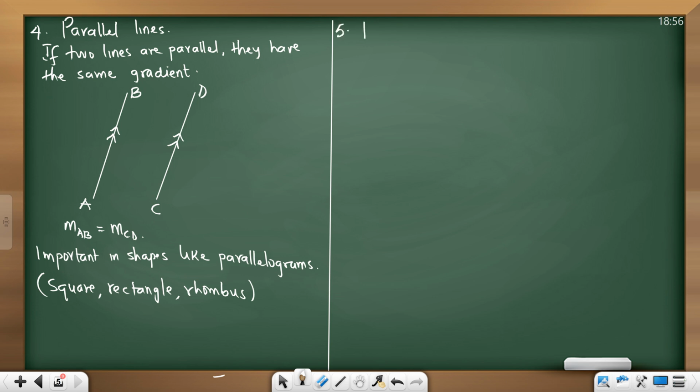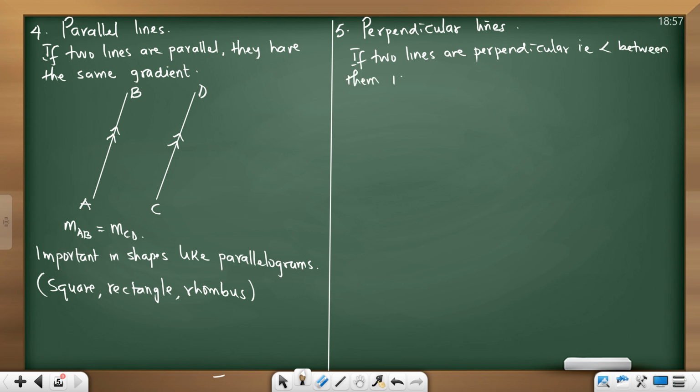Number 5, perpendicular lines. If two lines are perpendicular, that is, the angle between them is 90, the product of their gradients is -1.